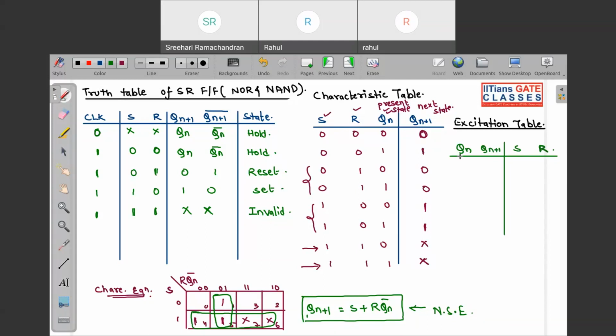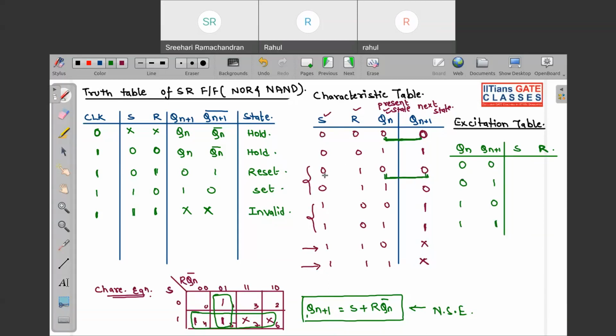Okay, so the combination of present state and next state can be like this. So look in this table. Whenever Qn is 0, and Qn plus 1 is 0, so 0, 0 is present over here. Any other place we have 0, 0? So one more place 0, 0 is present over here. So what is the condition of S and R? In this case, S is 0, R is 0.